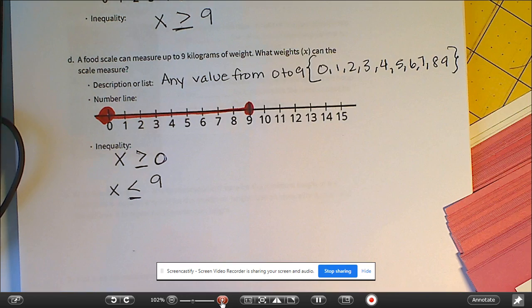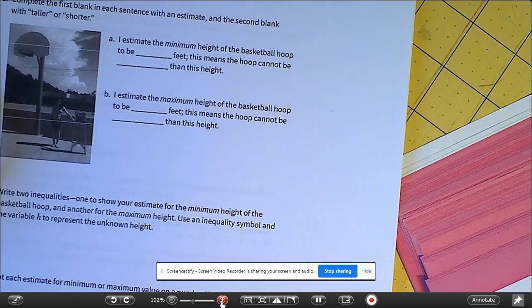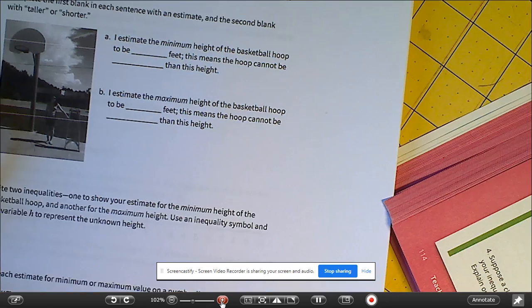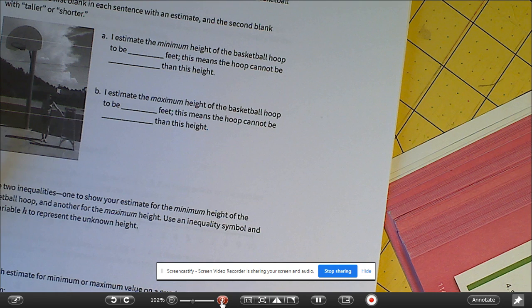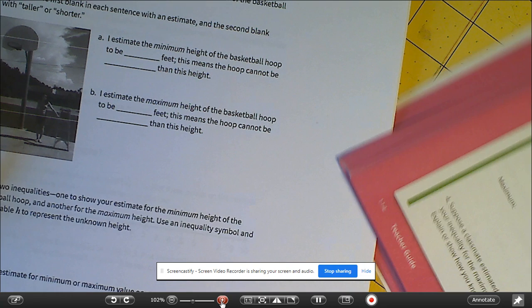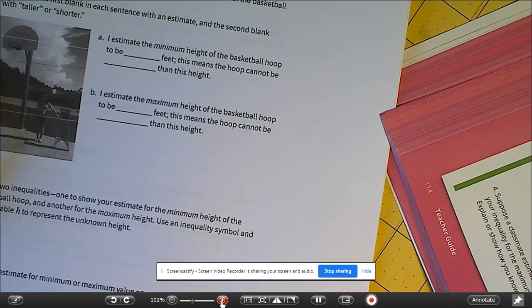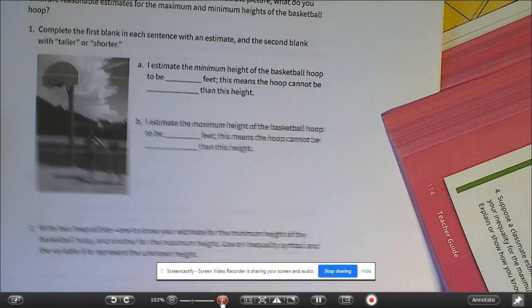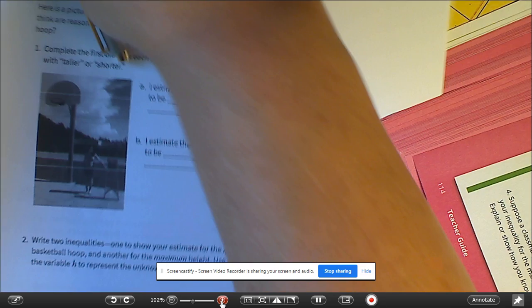All right, moving on. How high and how low can it be? We're talking about the basketball hoops. So again, this would be an in-class activity where you would get in groups, so we'll just go over it real quick. Here's a picture of a person and a basketball hoop.